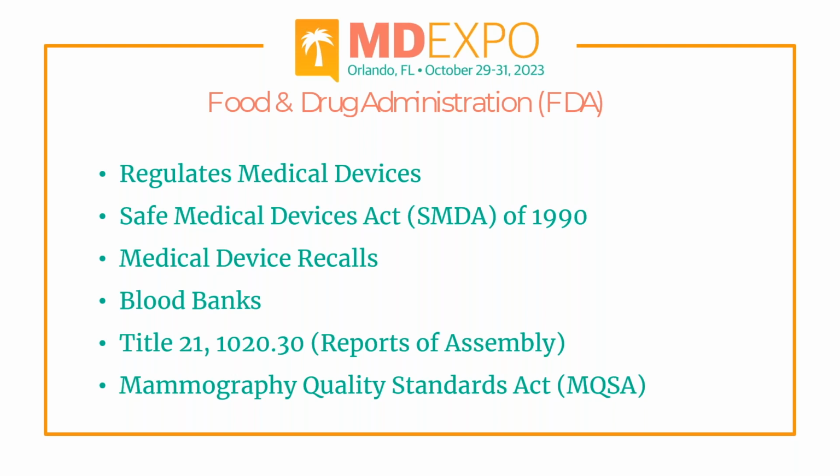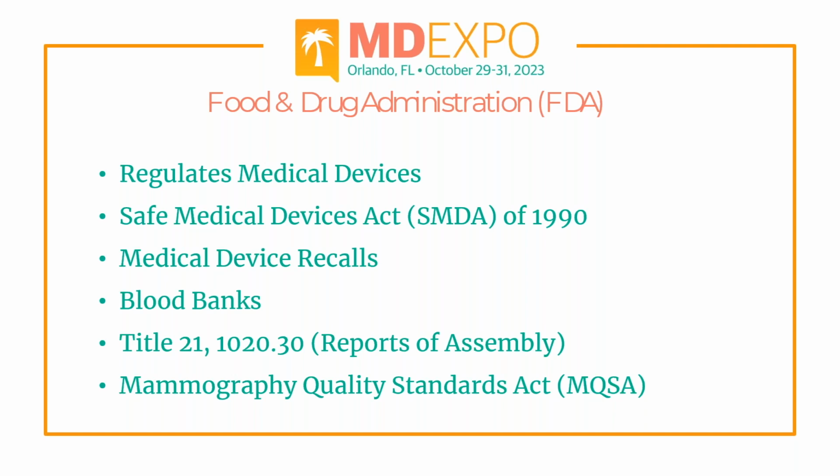Safe Medical Devices Act, all of us are familiar with it. We'll talk about that in a second. Medical device recalls: recalls are the responsibility of the manufacturer per the regulations, but FDA has the jurisdiction of classifying the recalls, such as class 1 recall, class 2 recall, etc. That's what FDA does. Blood banks too.